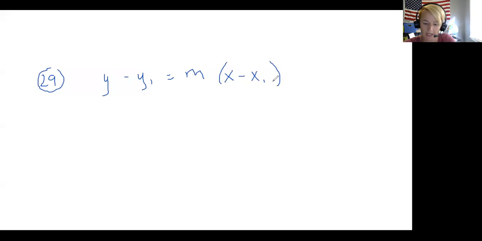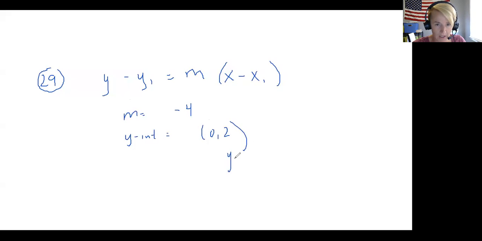Okay, so you want to get the information that they give you for 29 through 37 into this form. So we know that the slope here is -4, and the y-intercept is 0, 2. So we know this is y1 and this is x1.